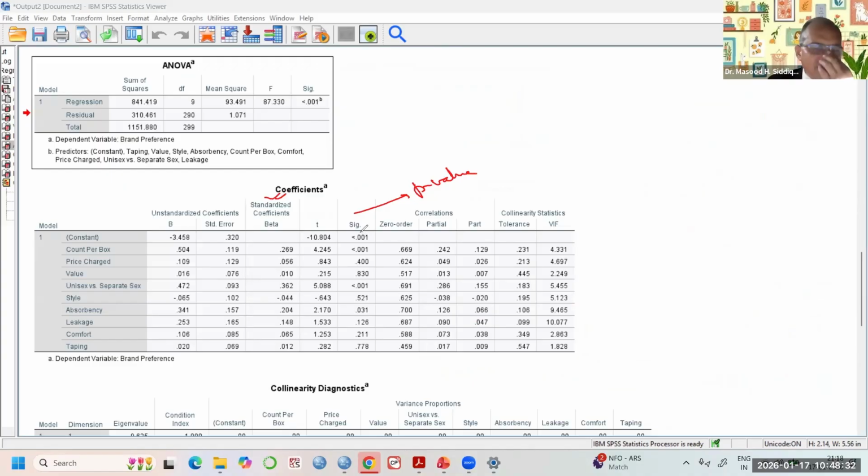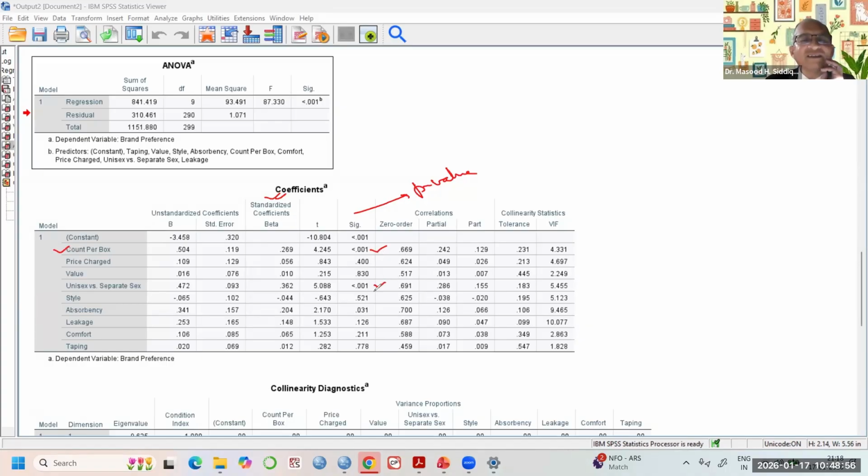The first term is the constant. It is significant, but it is not a predictor, so at present we are not taking it. The first one is 0.001, which is less than 0.05, so this count per box is significant. After that, we have price charge. The p-value or significance is 0.4, which is greater than 0.05, so it is not significant.